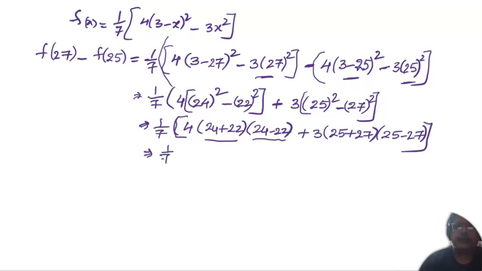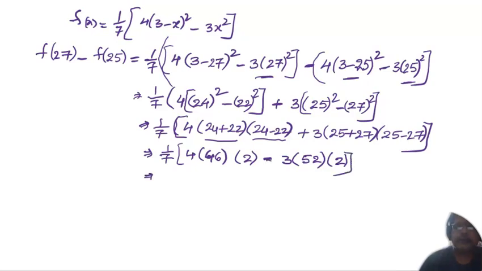So 1 by 7 into 4 into 46 into 2, here you will get minus 3 into 52, 25 plus 27 is 52, into 2. Already I took the minus here.